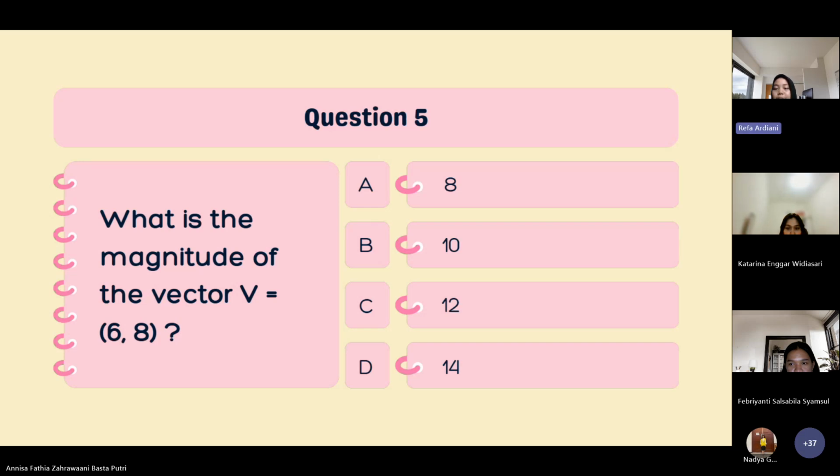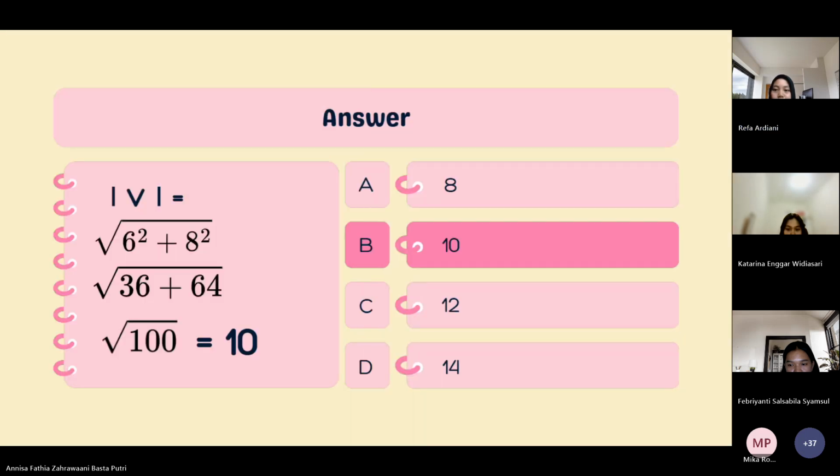Okay, Mika. My answer is B. Okay, next slide. This answer is B, because the magnitude of v equals the square root of 6 squared plus 8 squared. 6 squared equals 36, and 8 squared equals 64.